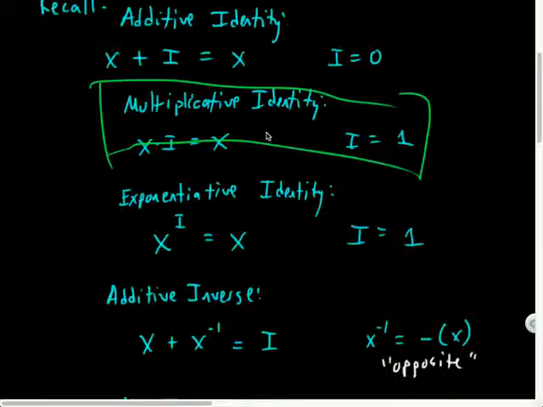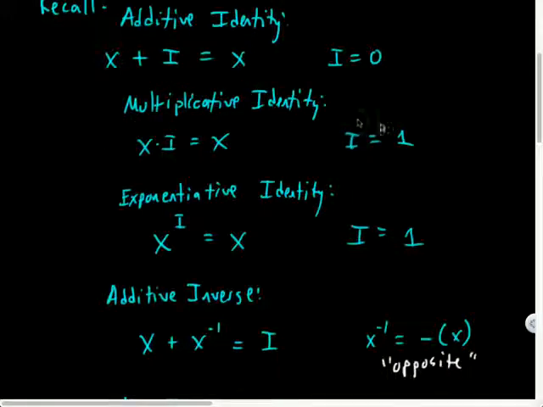Man, that's the saddest box I've ever drawn, but that's okay. We've got 1, right? Multiplying something by 1 left it unchanged. So let's talk about the inverse for, no, I'm sorry, the identity for matrices.